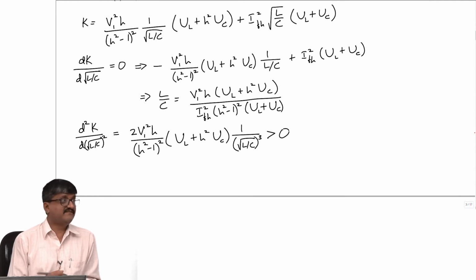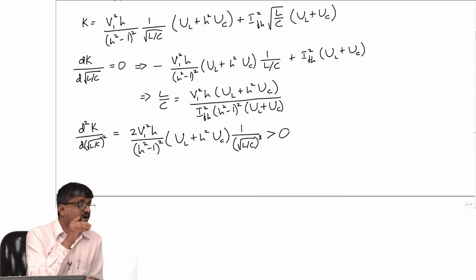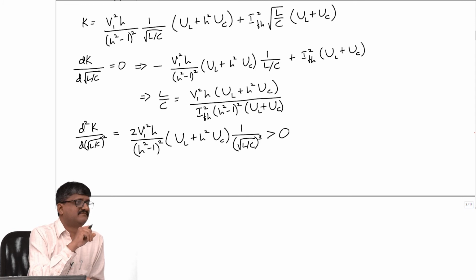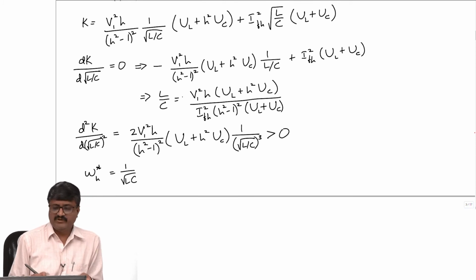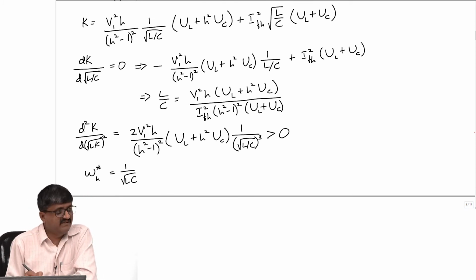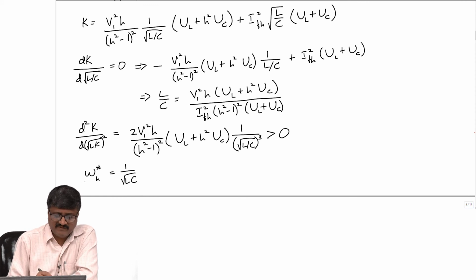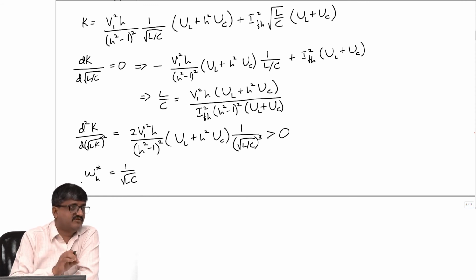Y of H is even more complicated. Y of H means you should know R also. So, omega H star is 1 by root LC. I use these two equations. I have the expression for L by C, and I also have the expression for omega H star, which is known.